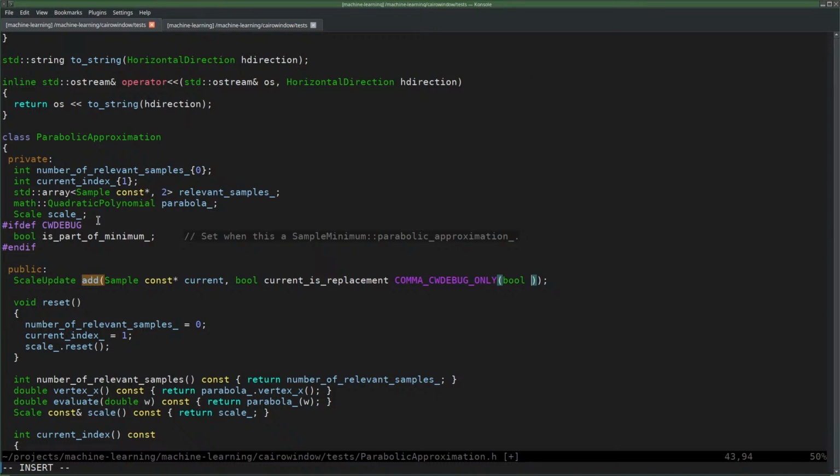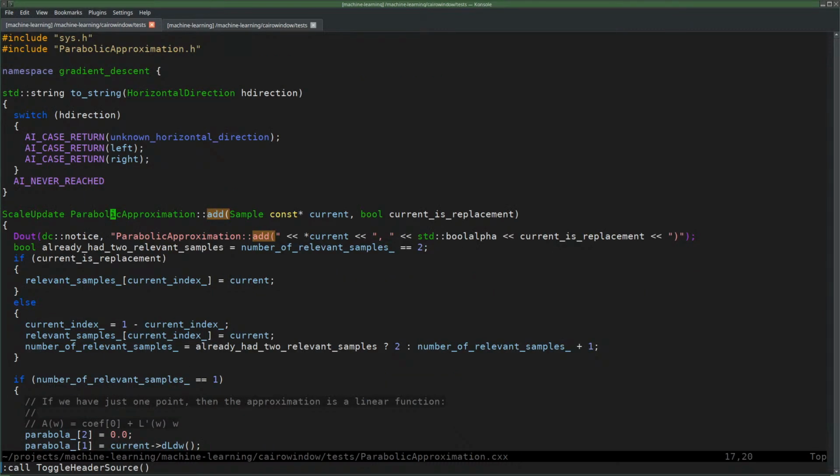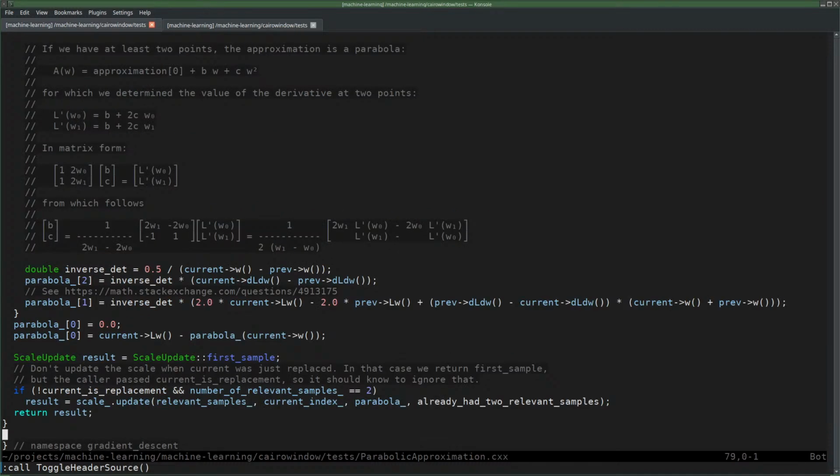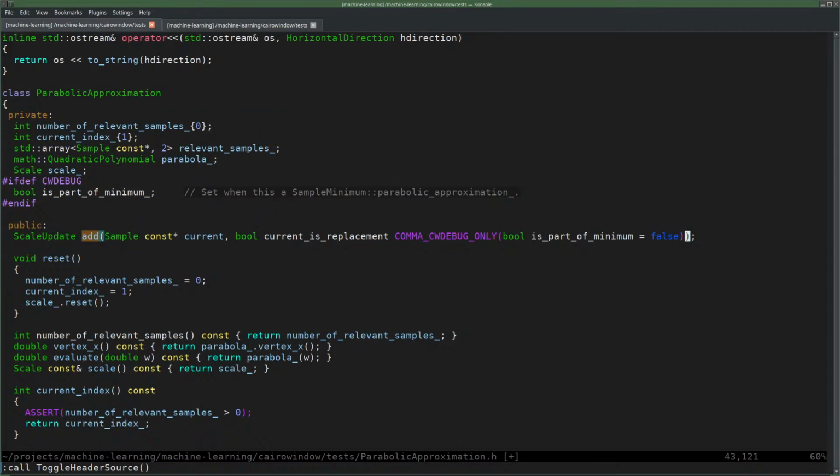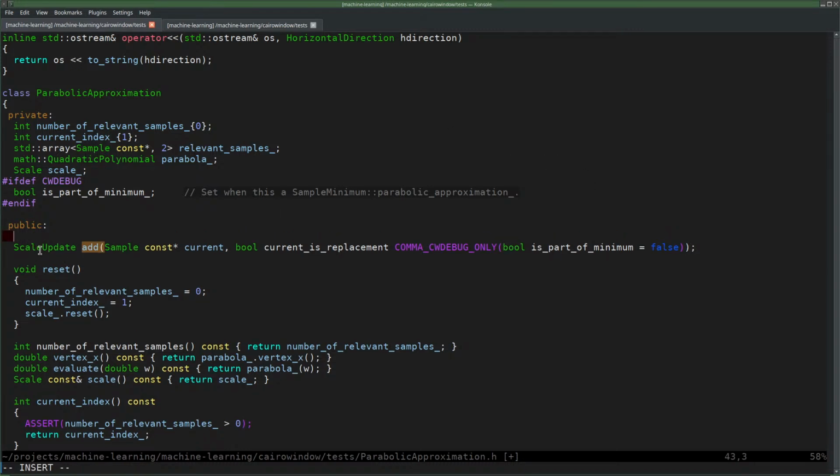A bool is part of minimum, which is by default false. Okay, what did it do? I added it to add. No, dude. Wanted it to be a constructor.